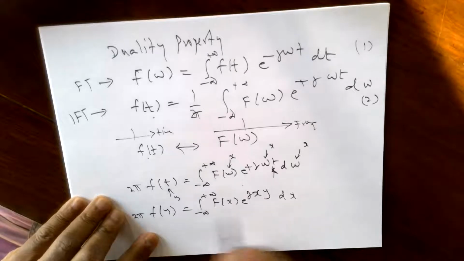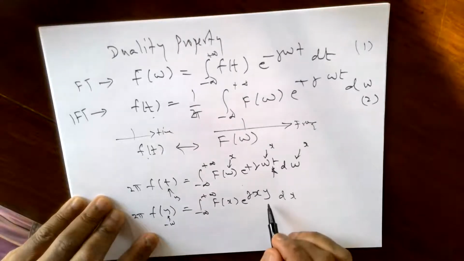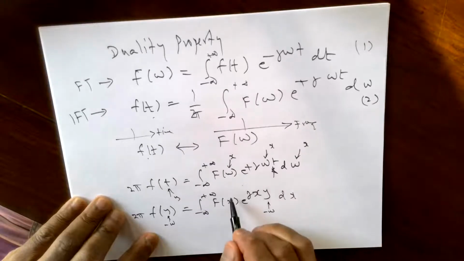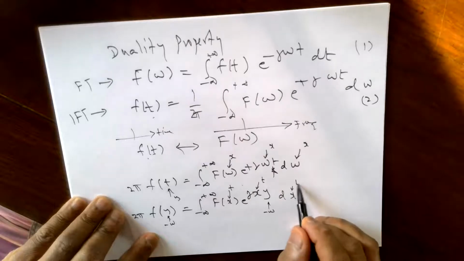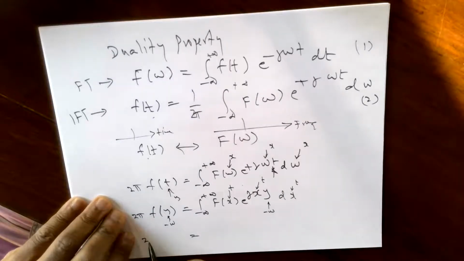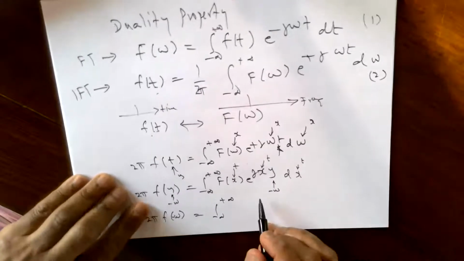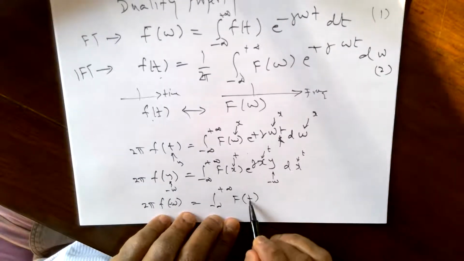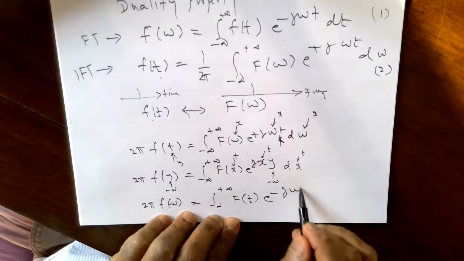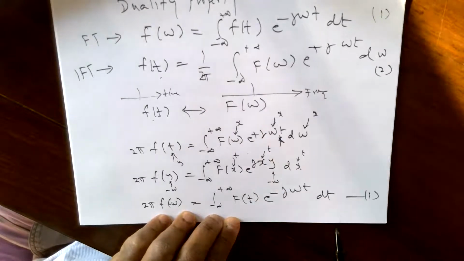Now, this is an equation, so I'm going to replace y by minus omega, and put this x as t, another running variable. So this now reads 2 pi f of minus omega equals the integral from minus infinity to plus infinity of f(t) e raised to minus j omega t dt. Look at this expression and compare it with 1.